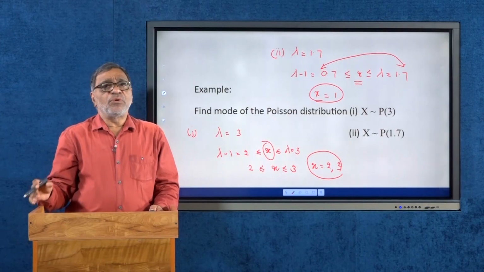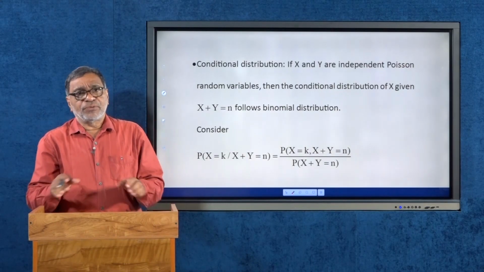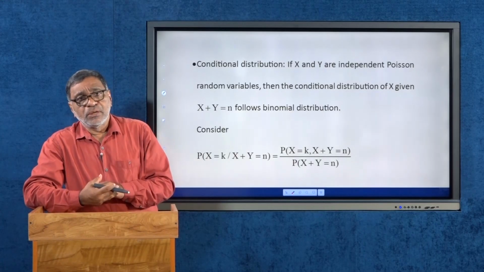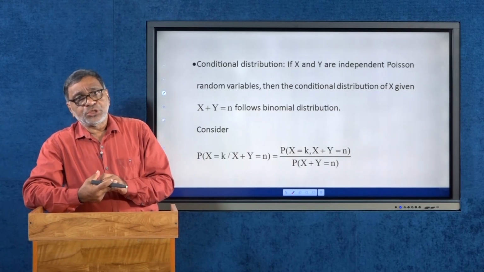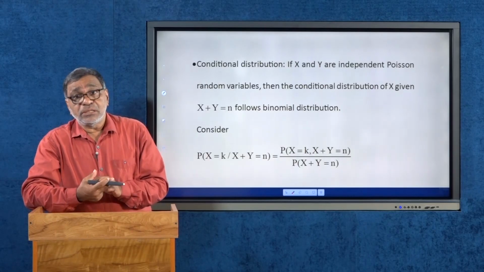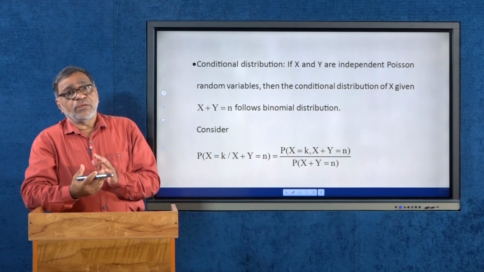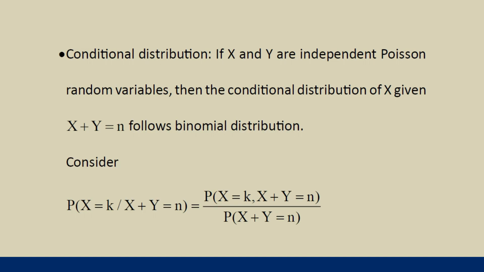Now we move on to another very important property of the Poisson distribution, regarding the conditional distribution. You are given two independent Poisson random variables, x and y. What can you say about the conditional distribution of x given the sum of the random variables?